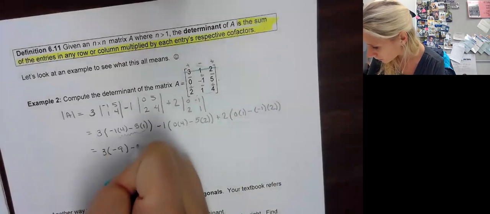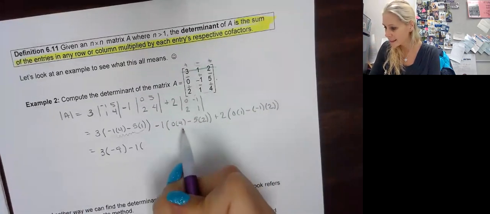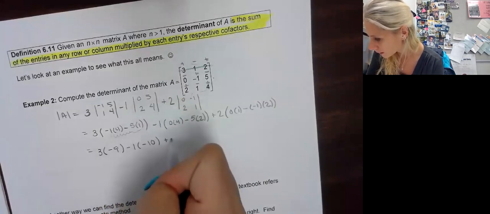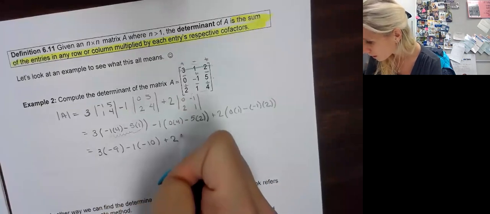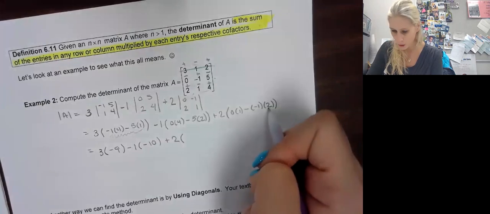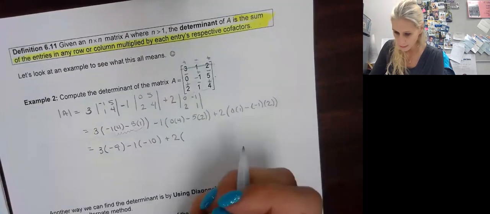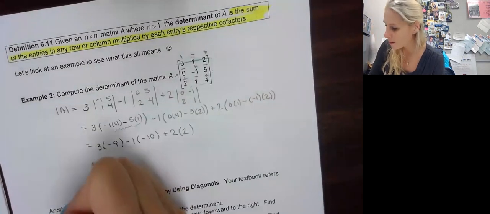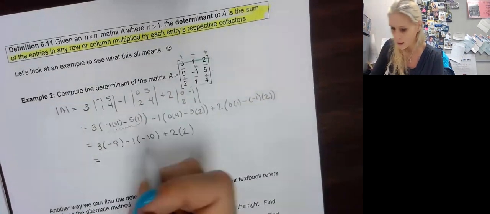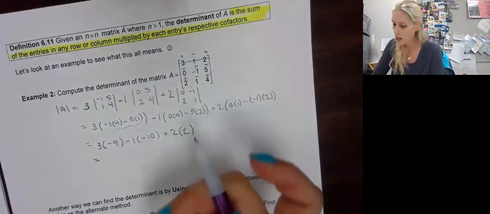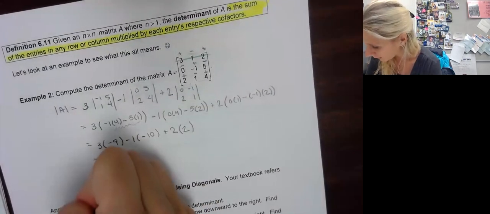I have this -1 times, well, that's 0, and that's -10, plus 2 times minus -2, so that is going to be +2. And now I can even break that up more and calculate this on my calculator. I feel fine with that, and I get the value of -13.